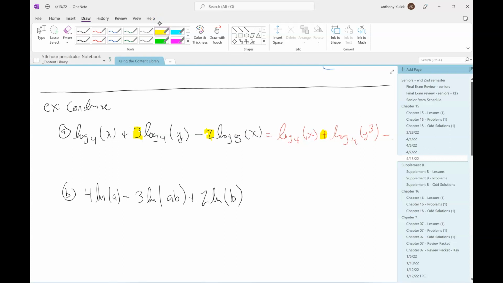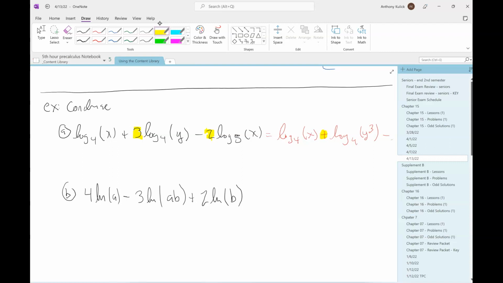So we have 4 natural log of A minus 3 natural log AB plus 2 natural log B. Again, we're condensing, so the first thing we look for is the power property. Very good. Do we see any power properties? Yes.